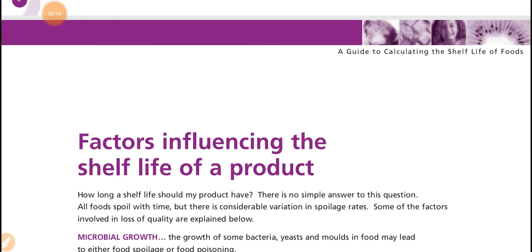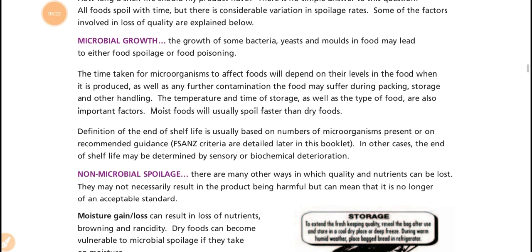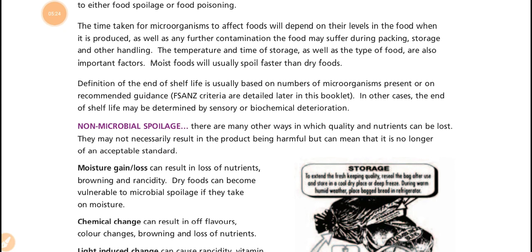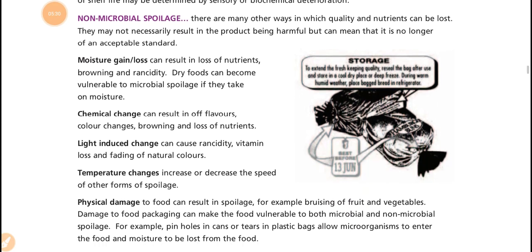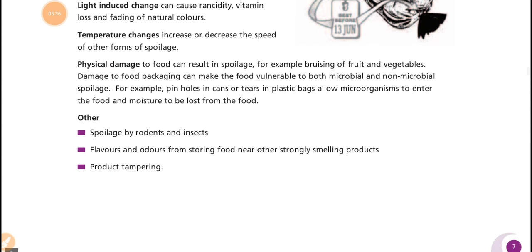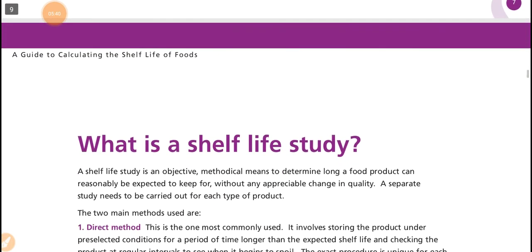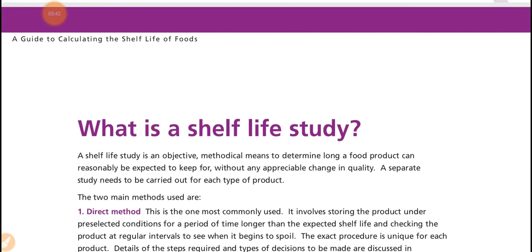Then the factors influencing the shelf life of a product: microbial growth and non-microbial spoilers like transportation, moisture, chemical changes, light induced changes, temperature changes, any physical damage, then pests or rodents. These are also factors which determine the shelf life.